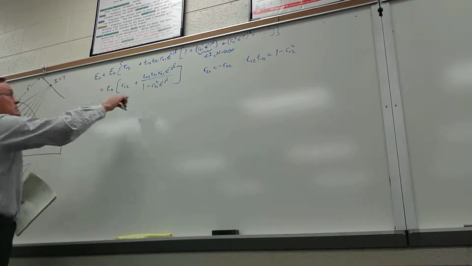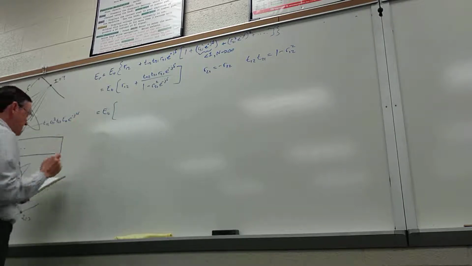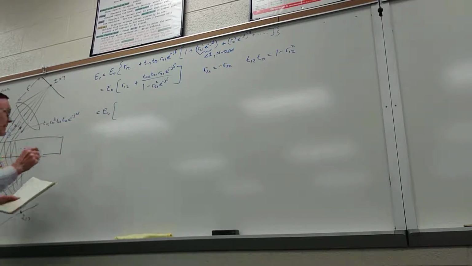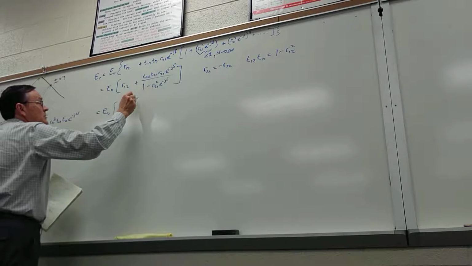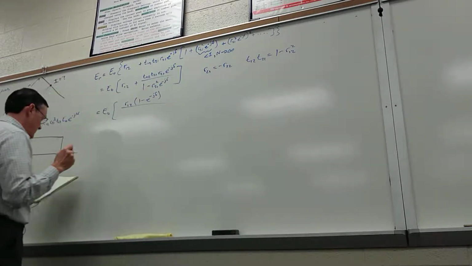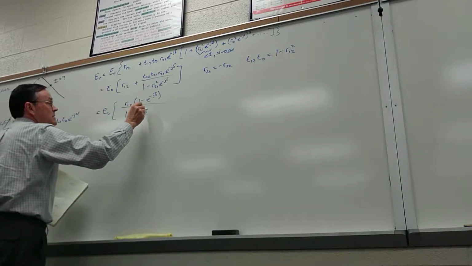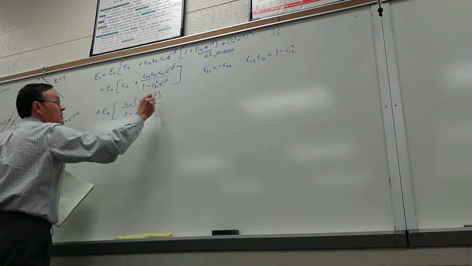So if we plug those two back in here, we end up with E0, and then we have an R12, 1 minus e to the minus j delta over 1 minus R12 squared e to the minus j delta.